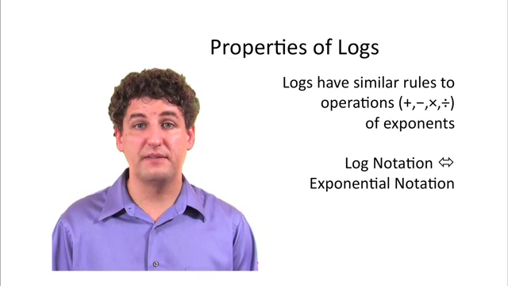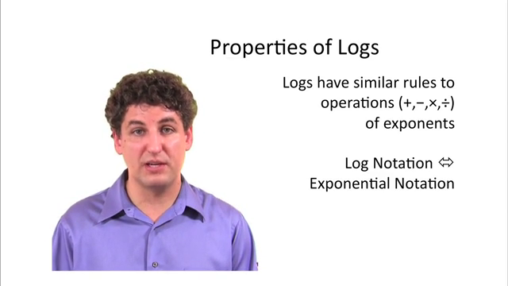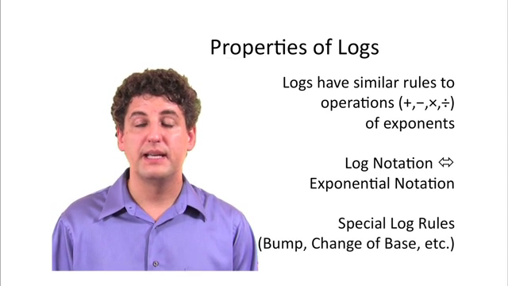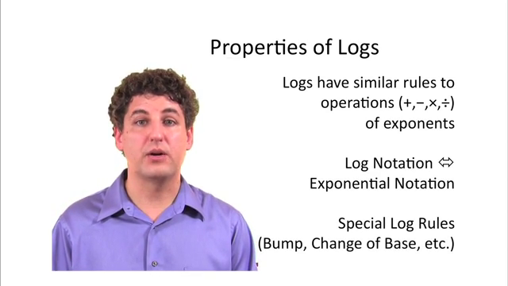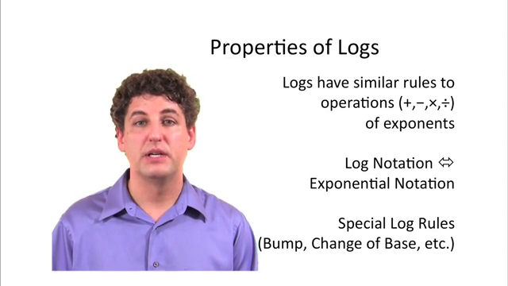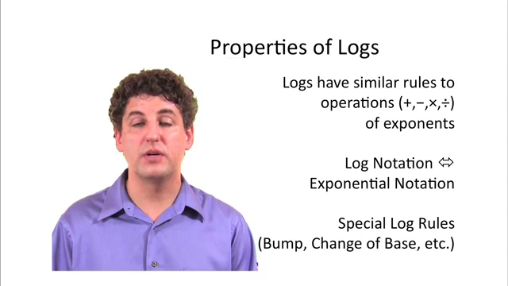Now, the final thing I'm going to leave you with is there are some additional tricky rules that come with this, because you're going to need to be fluent in converting between what they call logarithmic notation and exponential notation. So I want you to pay attention to those times where you're flipping between the two.